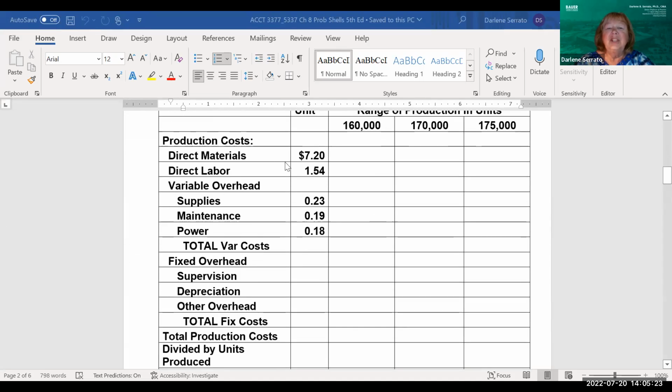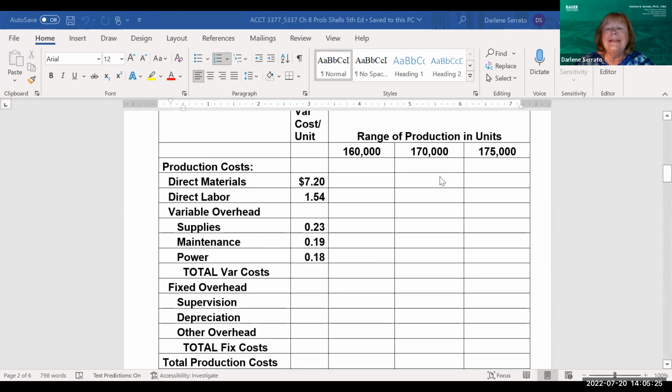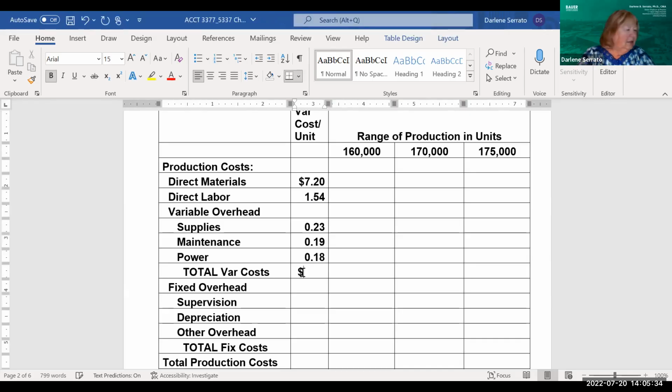By definition, the variable costs in total will change with changes in activity. The variable cost per unit does not change, and this is going to be $9.34.